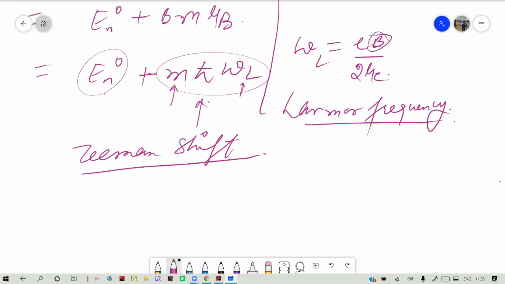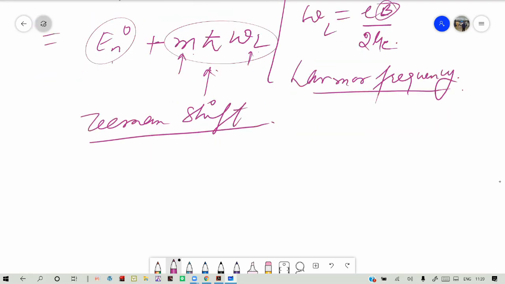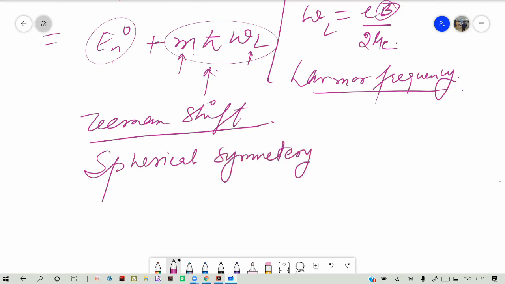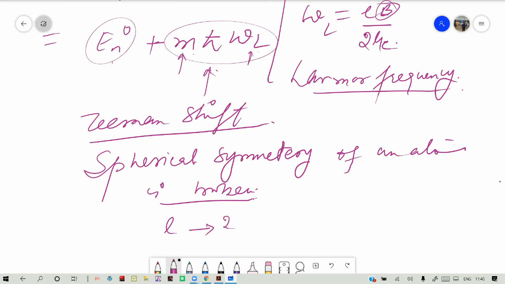So it means that in this case, the spherical symmetry of an atom is broken. And L is now split into 2L plus 1 components, which are actually the M L values.